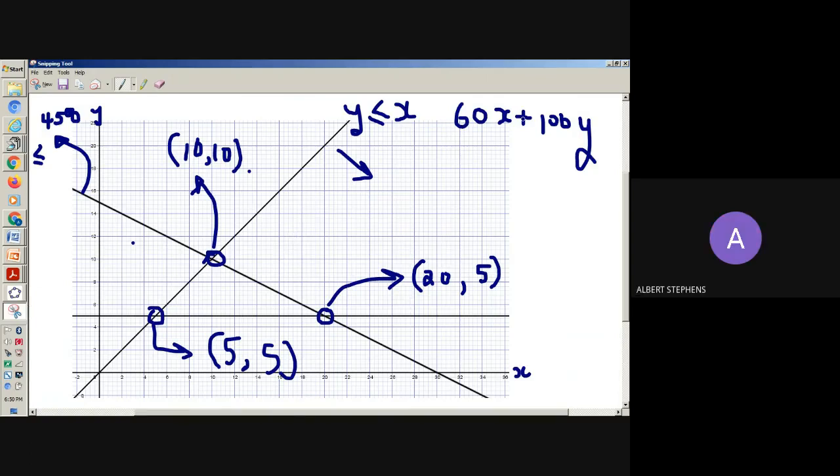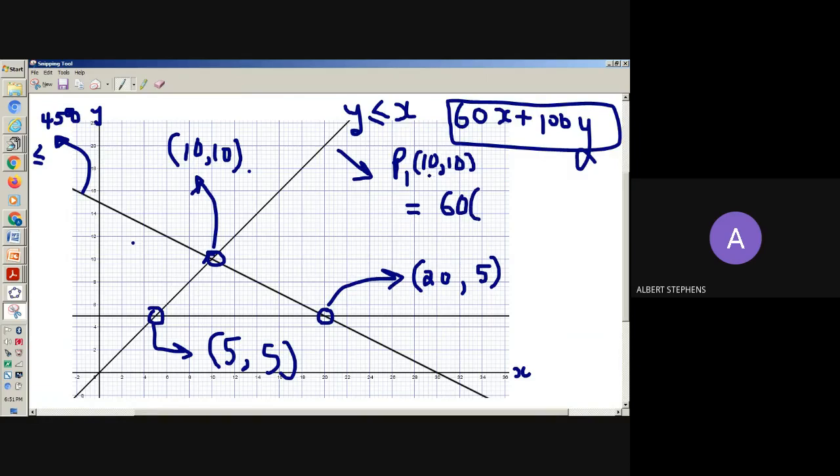Yes, because this represents the profit formula, not true? But to get the value, we use these coordinates: 10, 10, the 20 and 5, and the 5 and 5. So for profit 1, let's use 10, 10. It's going to be 60 multiplied by x.